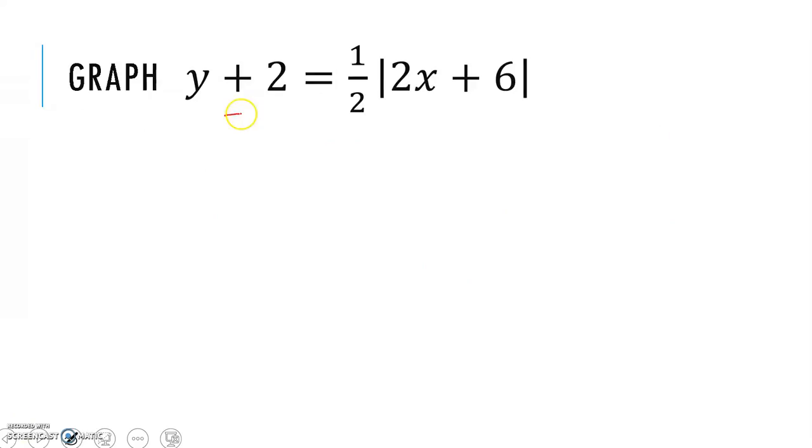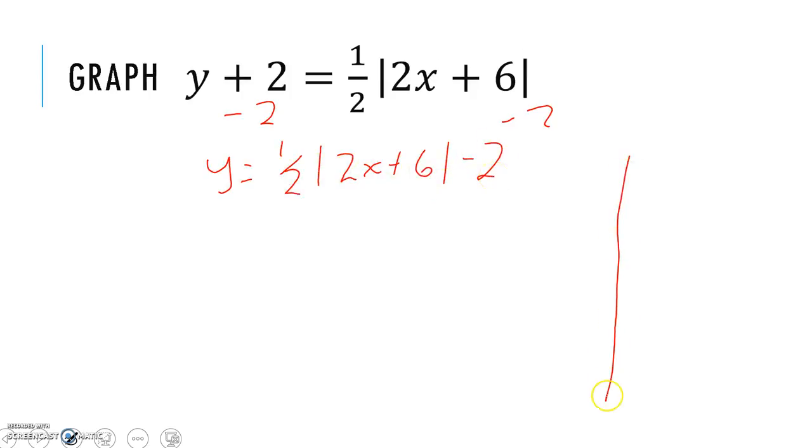I'm going to review that process again with this equation. This equation we'd need to start by subtracting 2 from both sides. So we would actually end up with y equals 1/2 times the absolute value of 2x plus 6 and then minus 2. And I think the easiest way to graph these is to first use those tricks that we found earlier. I can find the vertex by doing -b, that's -6 over 2, that's -3, and then minus 2.